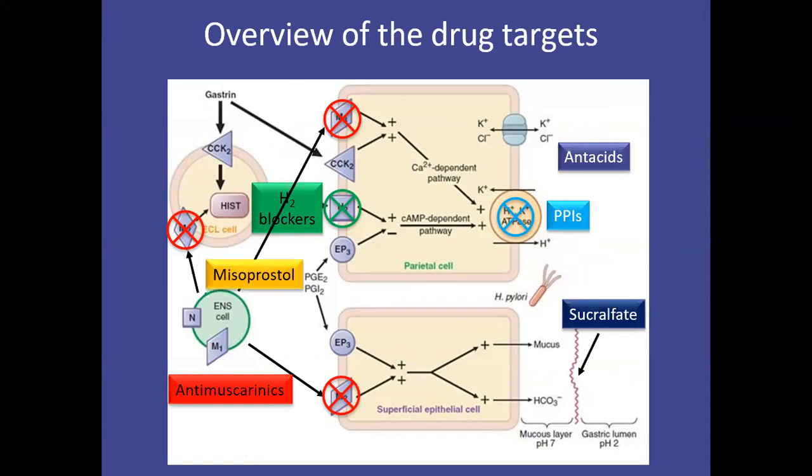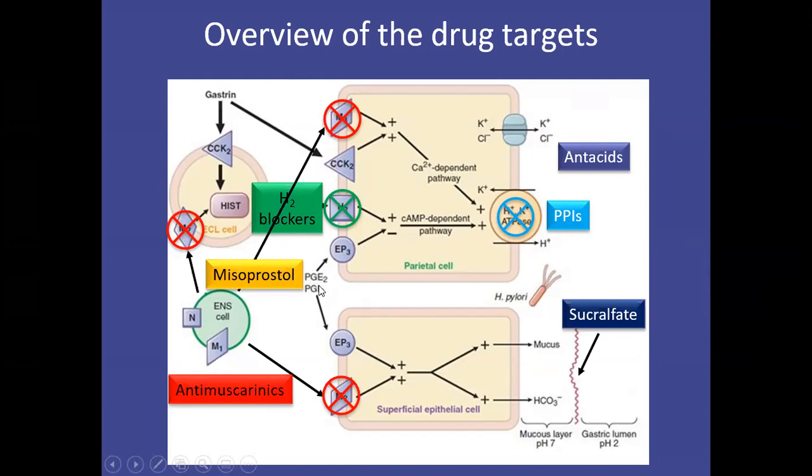Another cytoprotective, misoprostol. It's a prostaglandin analog. You see the role of prostaglandins acting through epithelial receptors. This is an inhibitory pathway. It inhibits the production of acid from the parietal cells, and it also increases the production of mucus and bicarbonate from the epithelial cells.